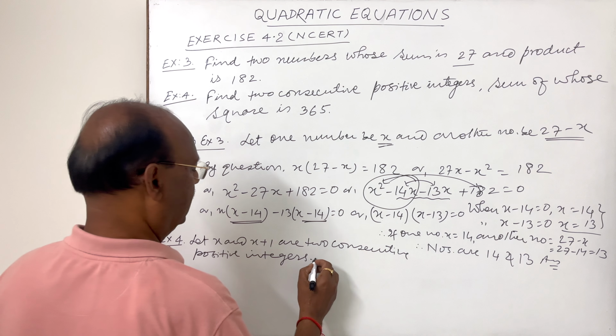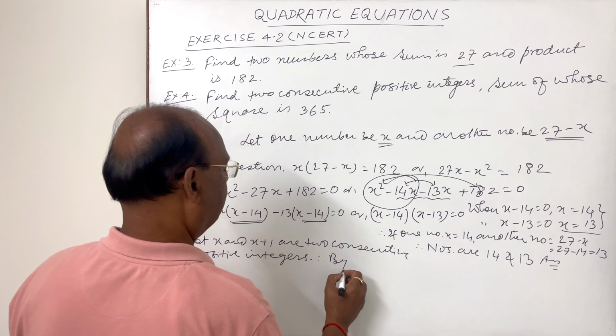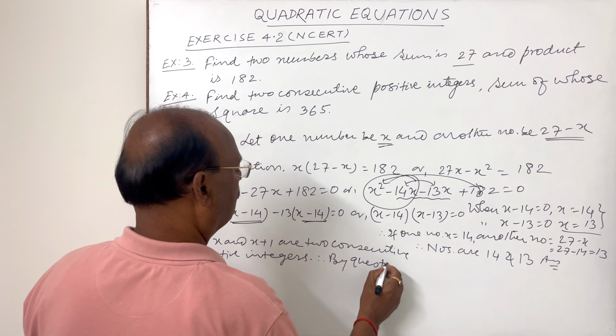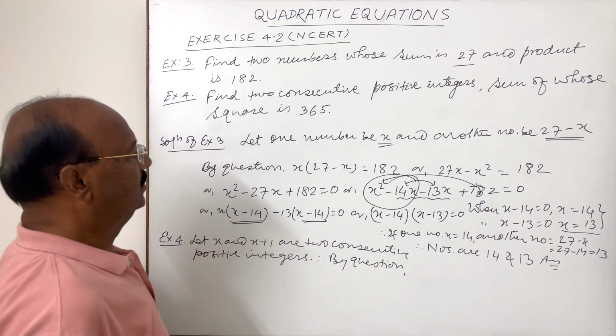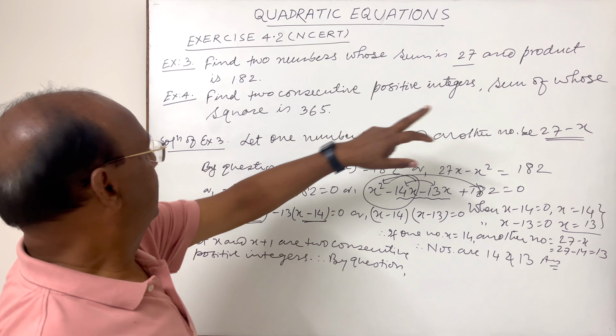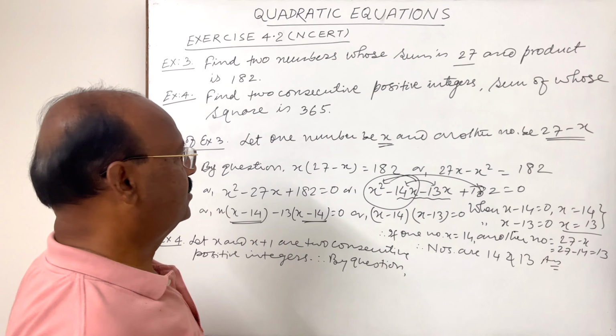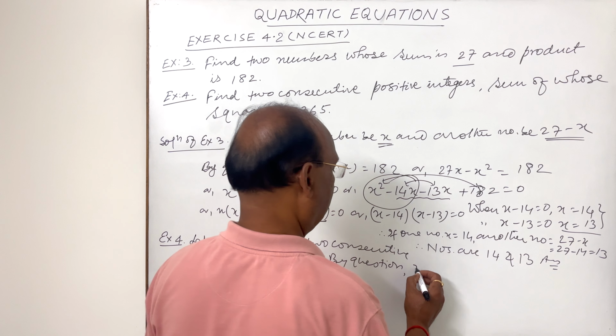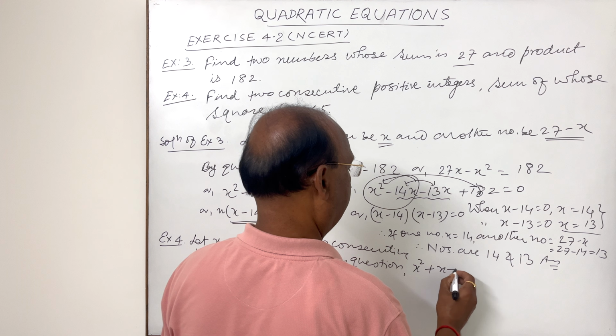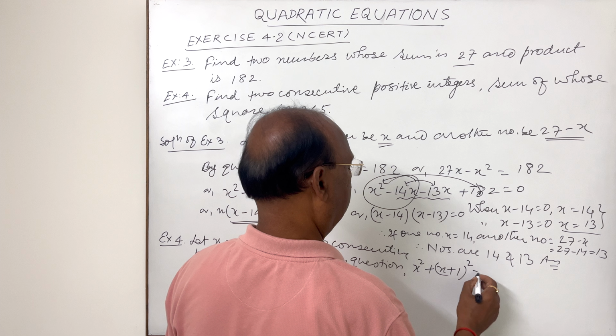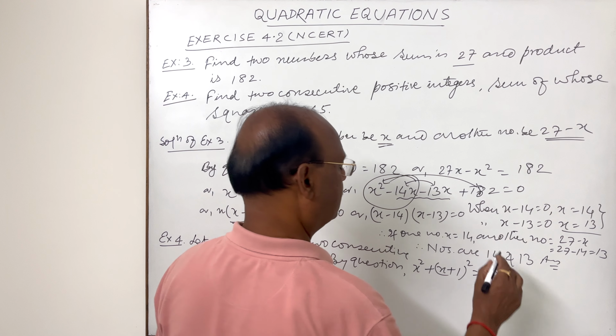Okay, therefore by the question, the sum of whose squares is 365. So by the question, x square plus x plus 1 whole square is equal to 365.